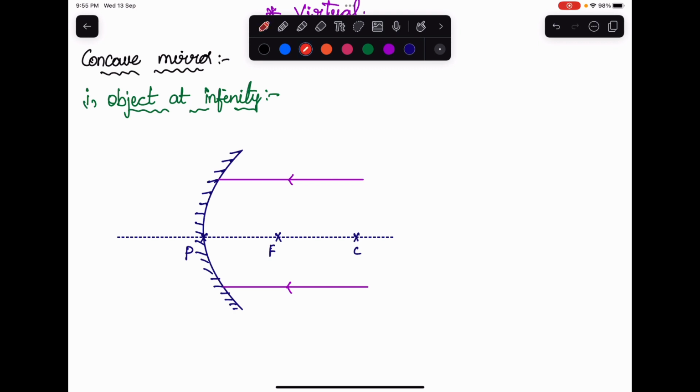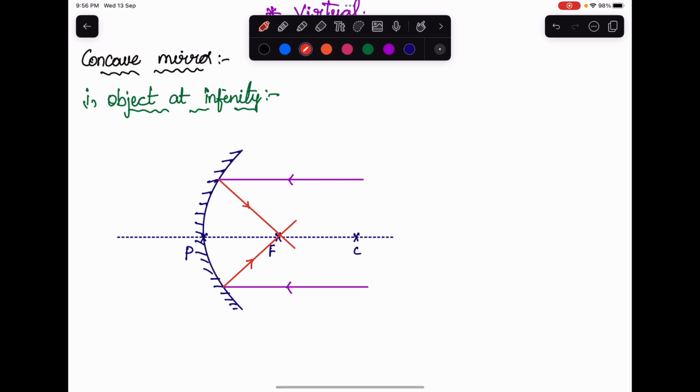Based on rule 1 of the concave mirror, a light ray incident parallel to the principal axis, what happens after reflection? Yes, very good. It passes through the focus. So this is one reflected ray passing through the focus, and this is another reflected ray passing through the focus. Thus the rules make our diagrams very easy in this way.